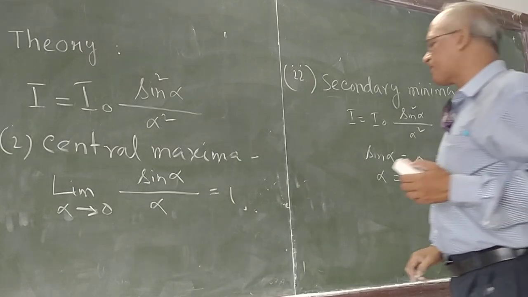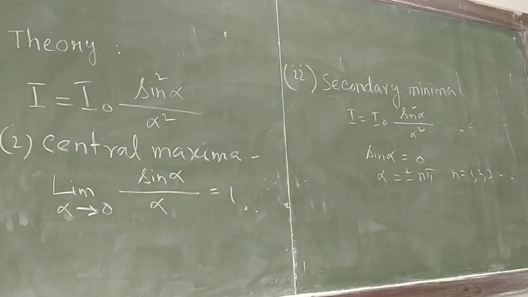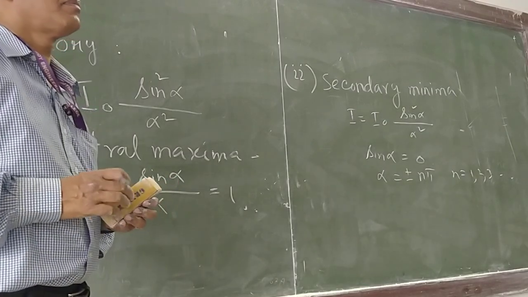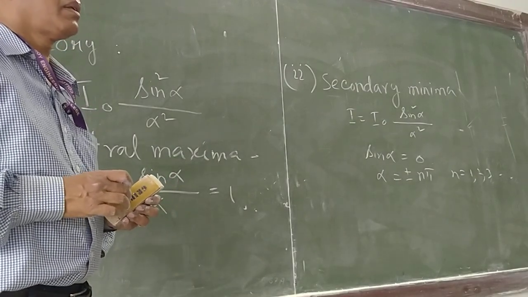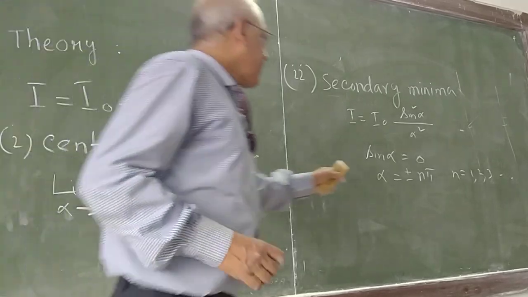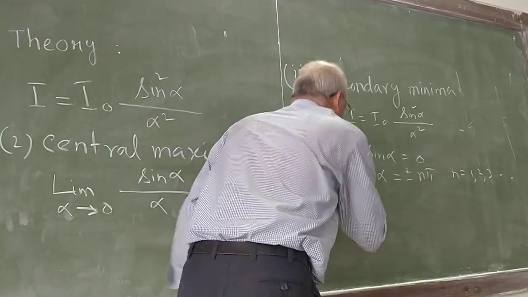If alpha is equal to n pi, first write down, what is the alpha value? Alpha is what we are judging.